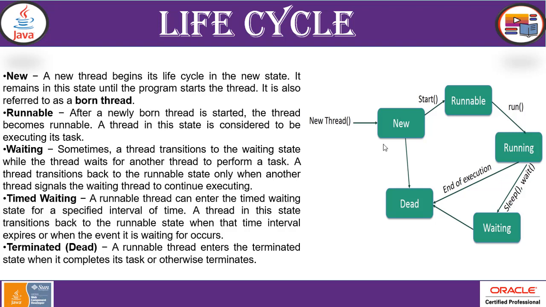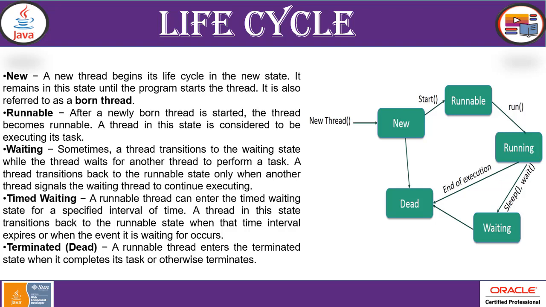It is also referred to as a born thread. Next, runnable. After a newly born thread is started, the thread becomes runnable. A thread in this state is considered to be executing its task. Here, once new is done, we have the start method, which will put the thread into runnable mode.